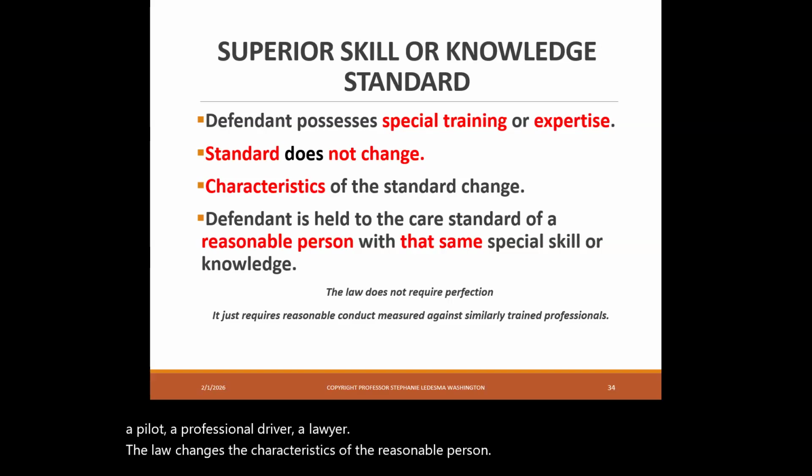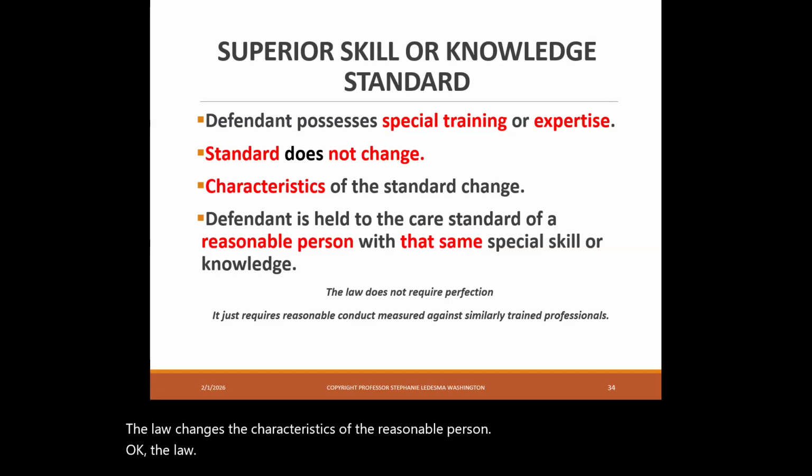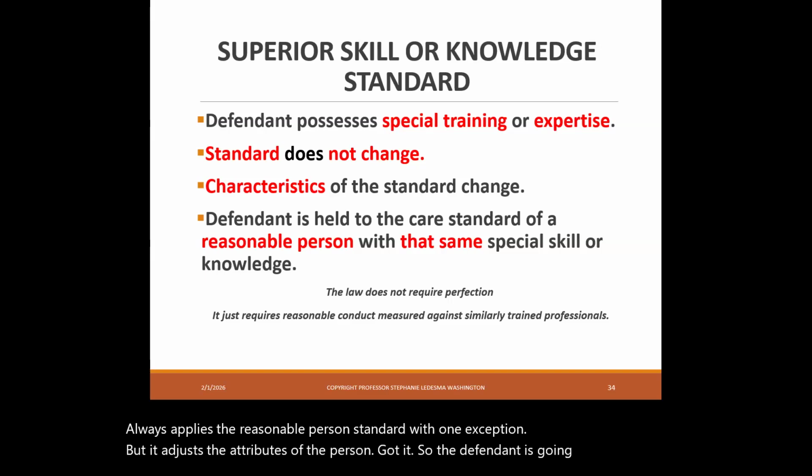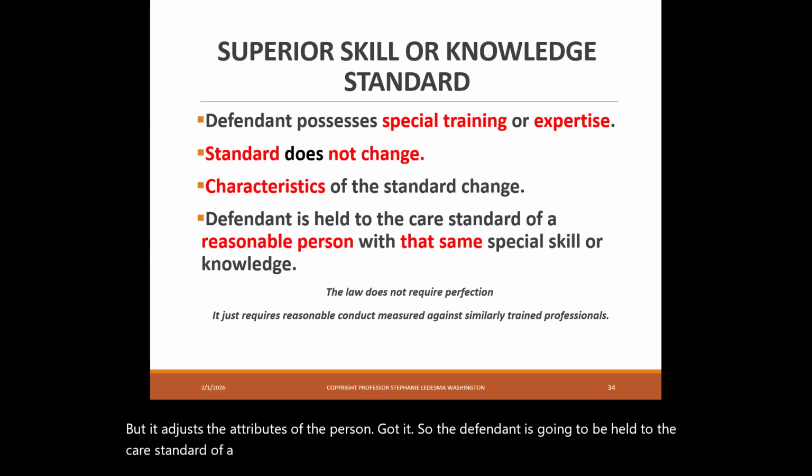The law always applies the reasonable person standard, with one exception, but it adjusts the attributes of the person. Got it? So the defendant is going to be held to the care standard of a reasonable person with that same special skill or expertise.